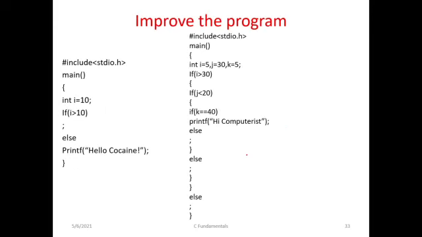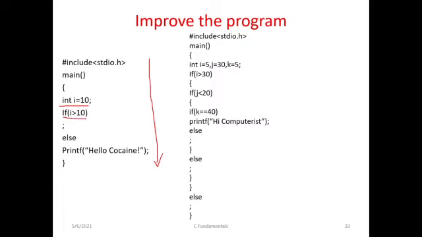Okay, next, improve the program. If something is given, instead of going for so many statements, you have to reduce it. How can we improve with whatever knowledge we have acquired? int i is 10.